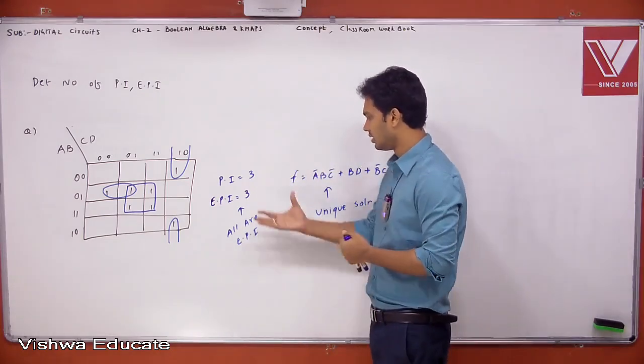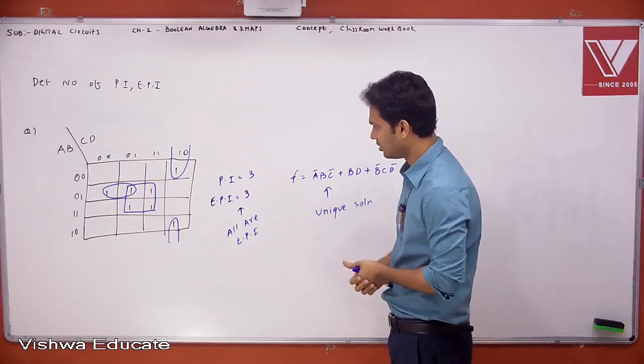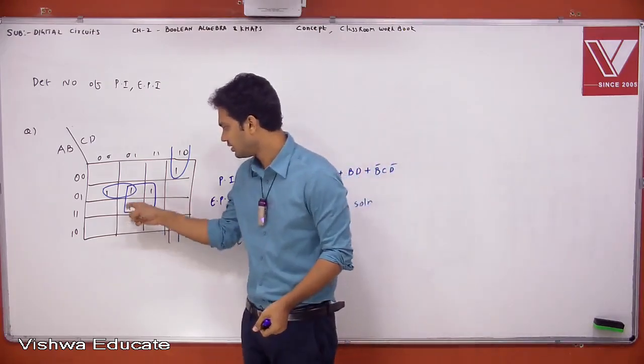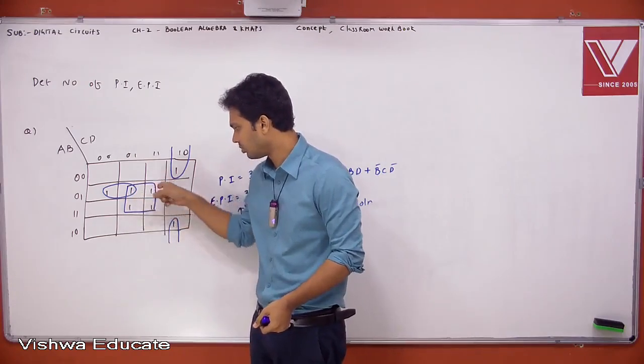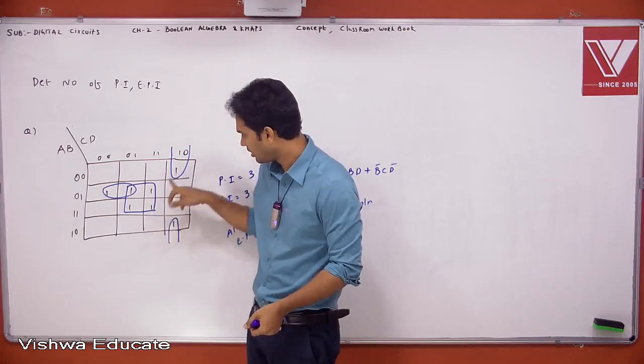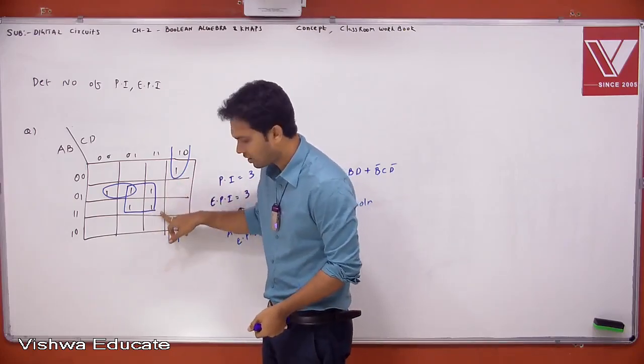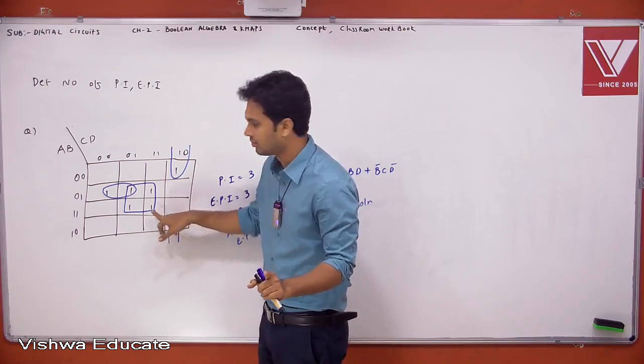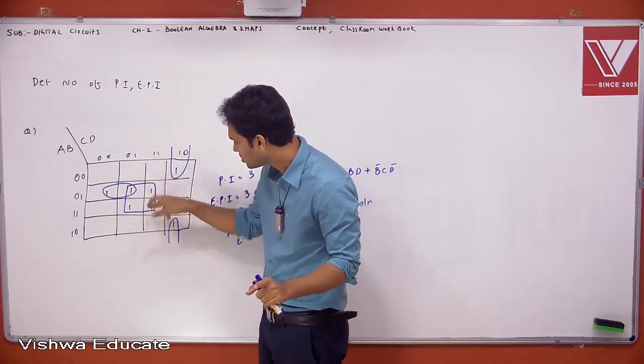Now see here, one more condition. Suppose in this figure you may have the doubt. Sir, quad is formed by combining the maximum possible adjacent cells. When you take quad, pair also prime implicant, quad also prime implicant. Don't confuse. In this case, it is the maximum possibility.